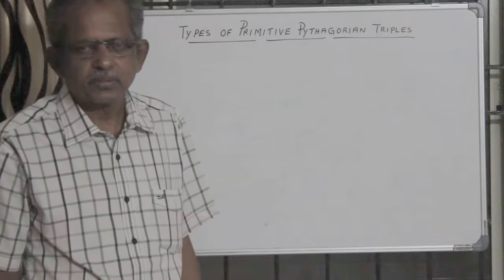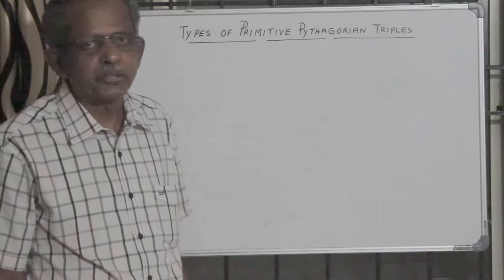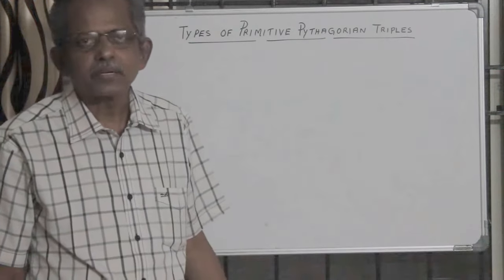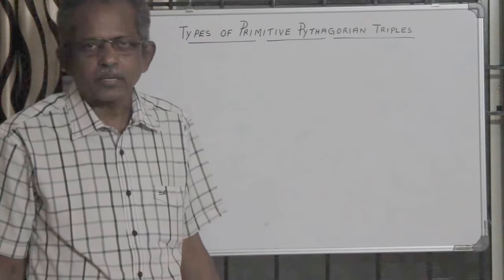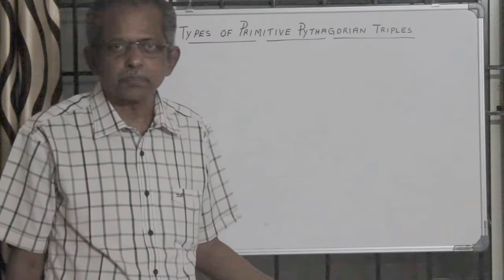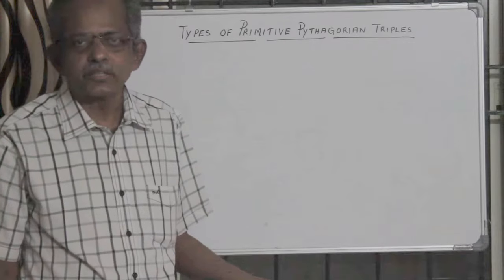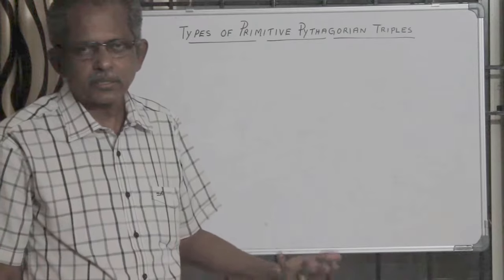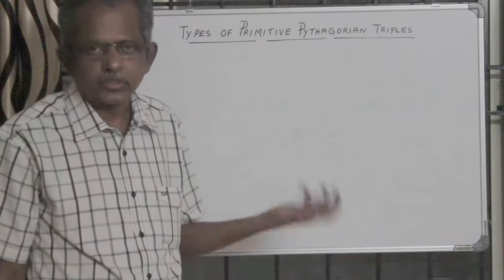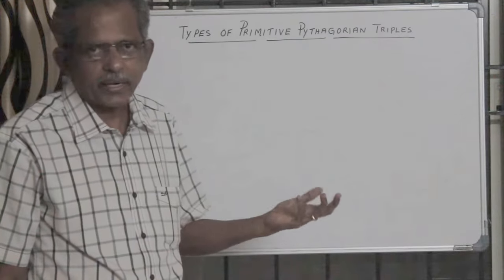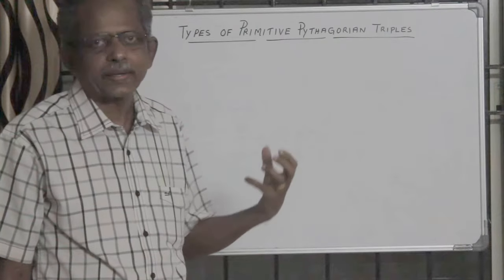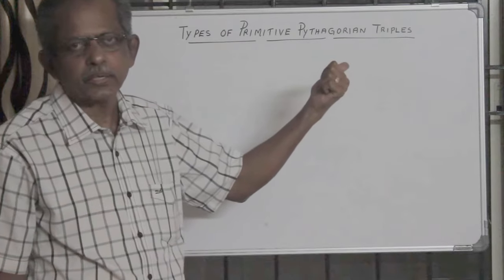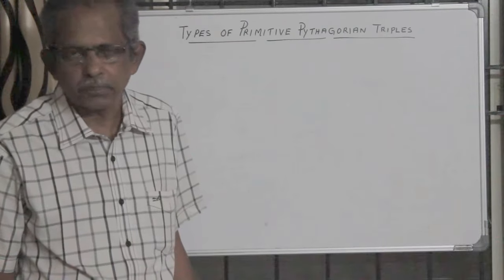In the last episode, I explained the primitive and non-primitive Pythagorean triples. In that session, I explained what a Pythagorean triple is and what the lengths of the sides of the right angle triangle are. From that, how we can reach the Pythagorean triples and how we can select the primitive and non-primitive Pythagorean triples.